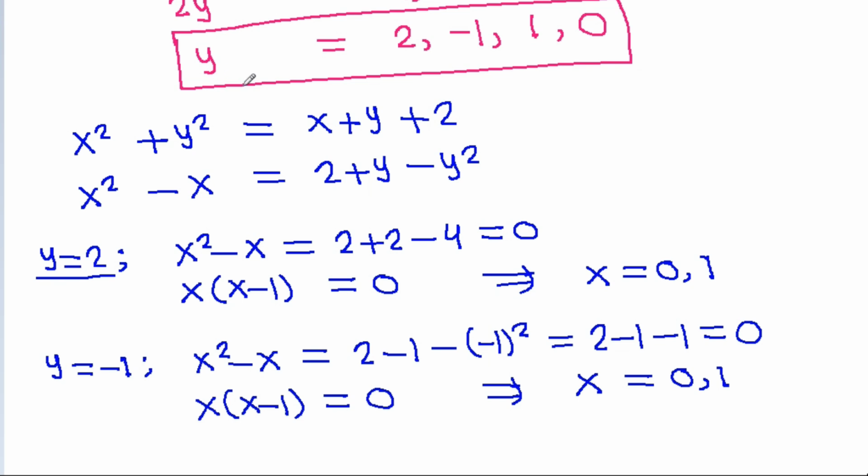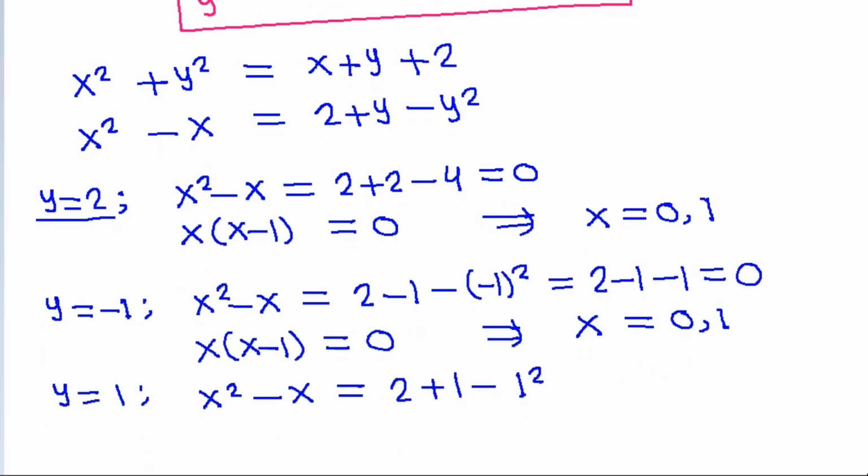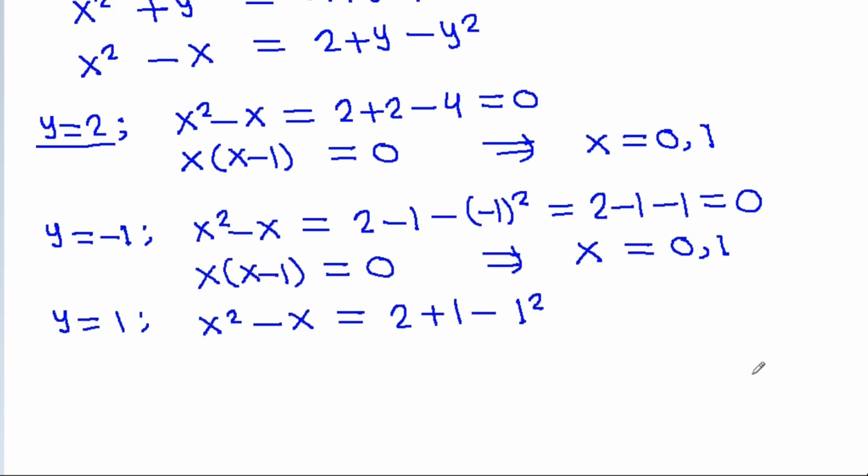And if y is 1, then x square minus x will be equal to 2 plus y is 1 minus 1 square, and it is 2 plus 1 minus 1, that is 2. So x square minus x is 2.